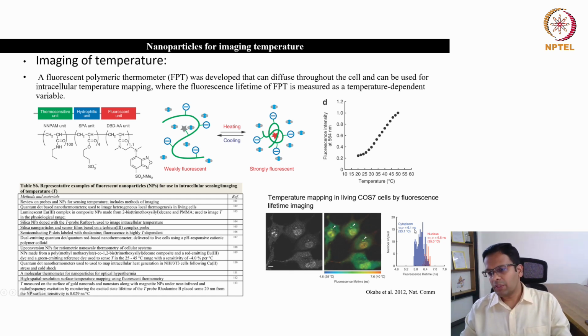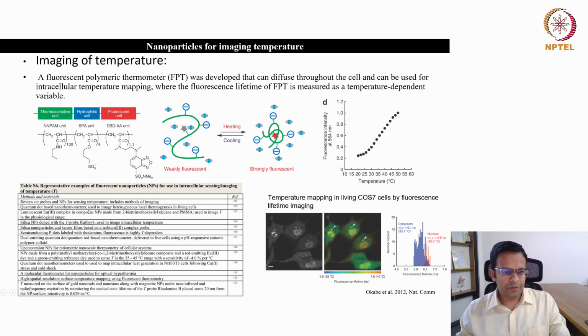What they observed is that there is a temperature difference between the cytoplasm and the nucleus. In the cytoplasm, the temperature is 33.1 degree, whereas in the nucleus, the temperature is 35 degree. So it's a 2 degree temperature difference in different cell organelles, like cytoplasm versus nucleus.